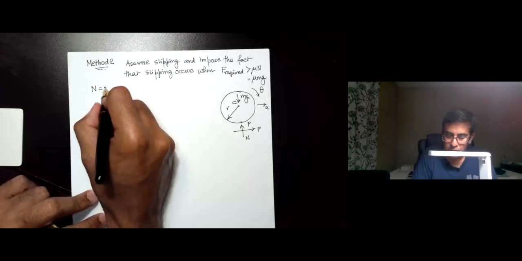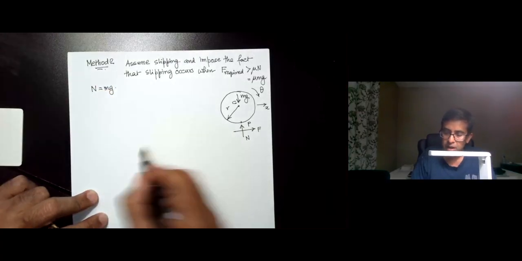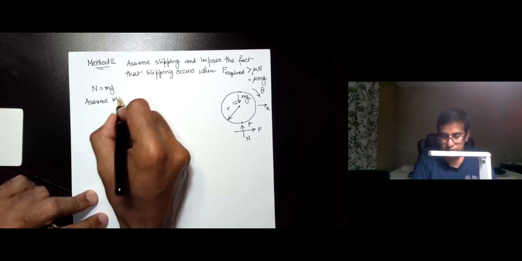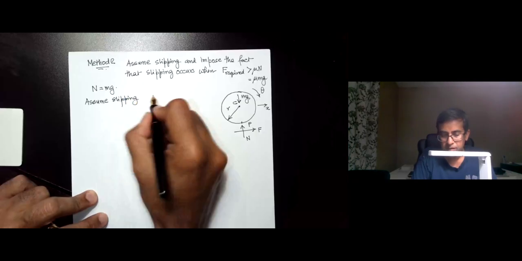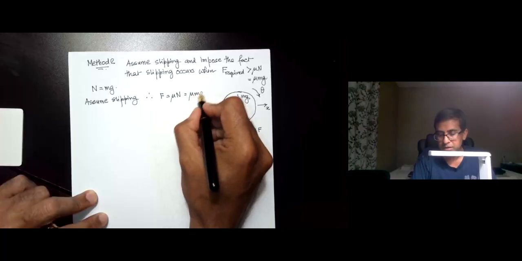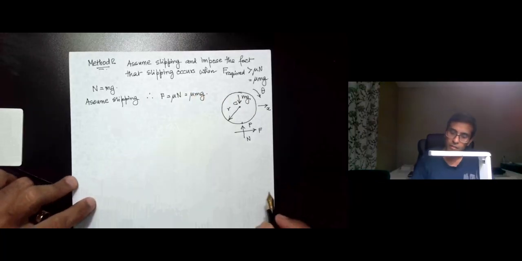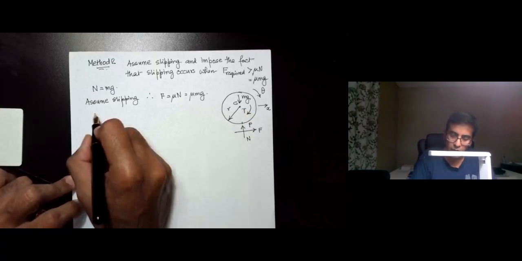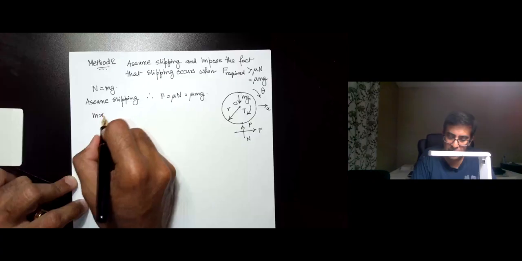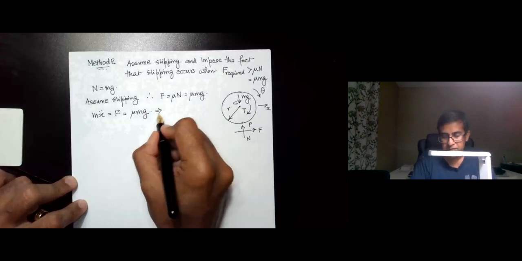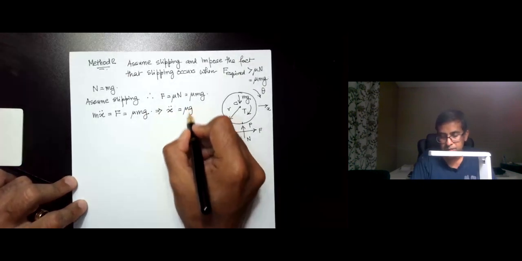So we know that N is equal to mg. We assume slipping. Therefore, F is equal to mu N is equal to mu mg. Oh, there is a torque here. Our translational equation is m x double dot is equal to F is equal to mu mg, which means that x double dot is equal to mu g.